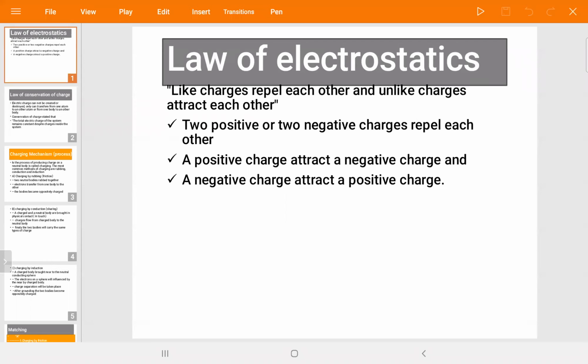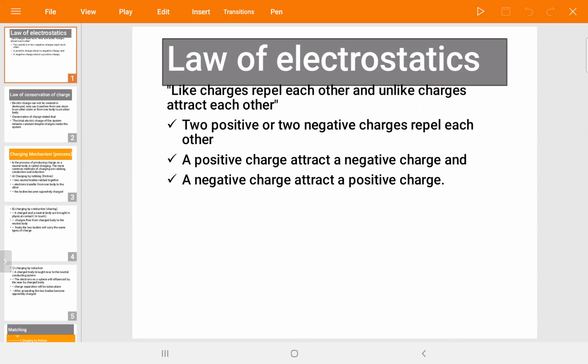The other topic is the law of electrostatics. We said that a body can be electrically charged. If a body is electrically charged, it has two possibilities: it can be positive or it can be negative. Then there are two types of charges: a negative charge and a positive charge.